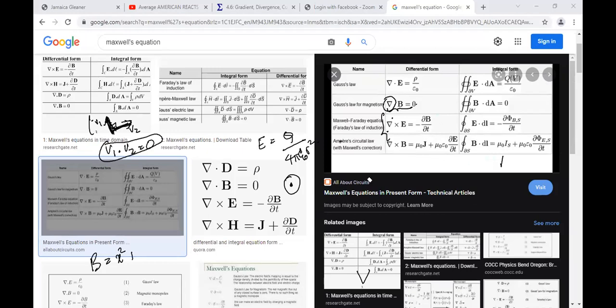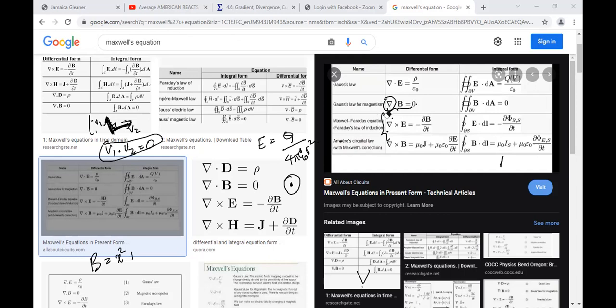But bear in mind, this is an electric field and a magnetic field, so usually it has sine and cosine, in terms of sine omega t and cosine omega t inside there. So that's what these first two are saying, that the electric field and the magnetic field are perpendicular.